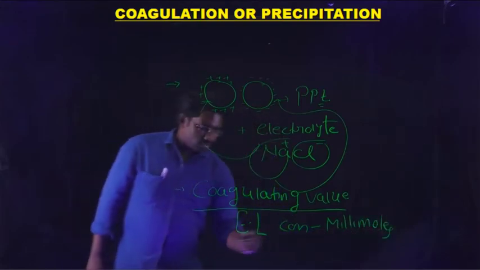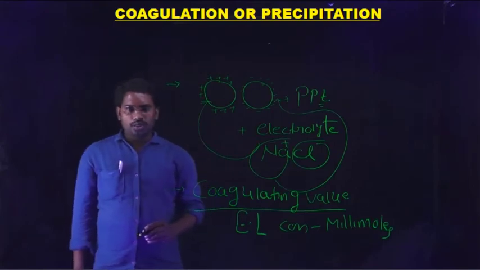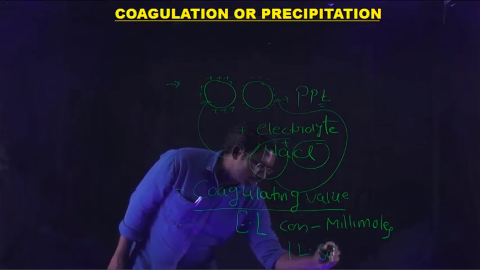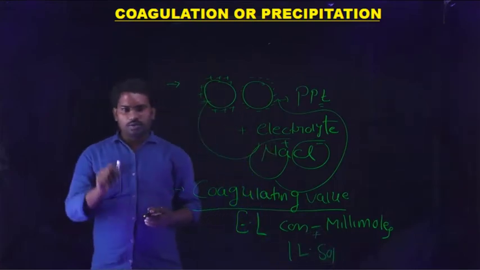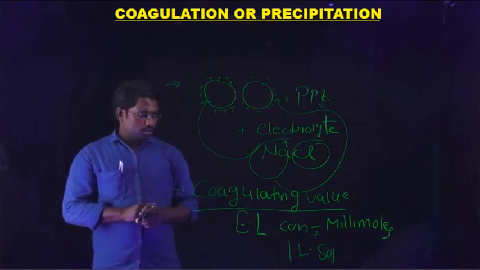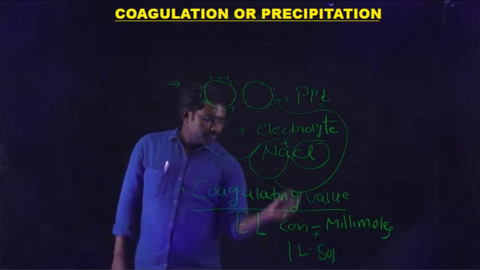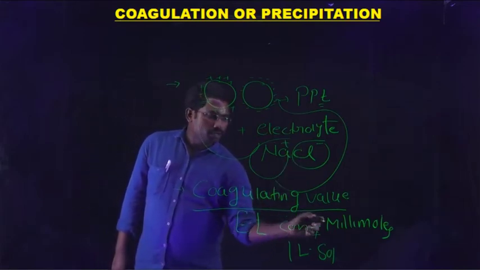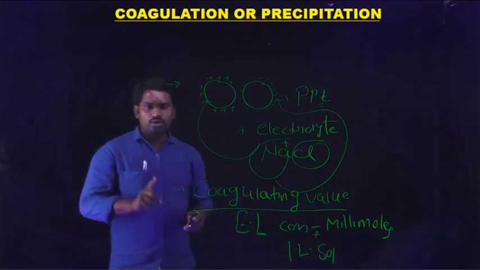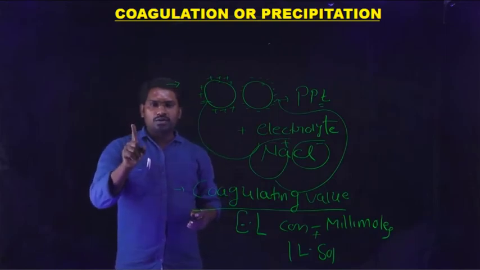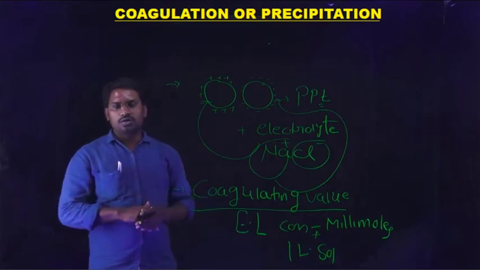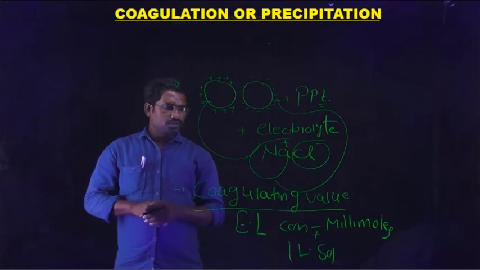We take a 1 liter volume of colloidal sol. To this 1 liter volume of colloidal solution, we add the electrolyte, with its concentration taken in millimoles. How many millimoles of electrolyte should be added to the colloidal solution, that value is the coagulating value or flocculating value of that electrolyte. This is the definition of the coagulating value.